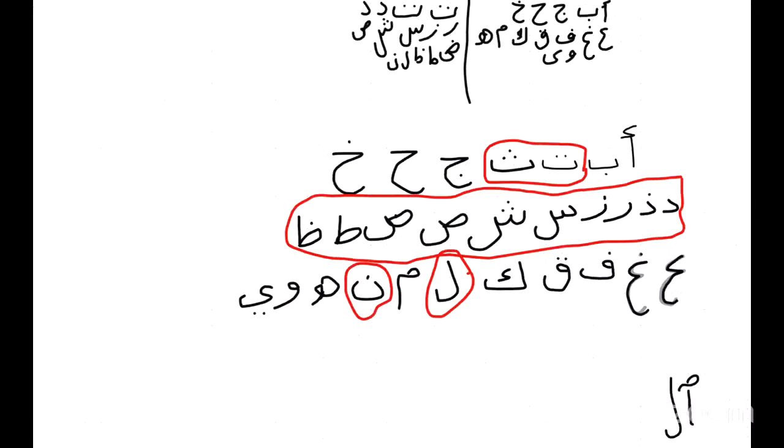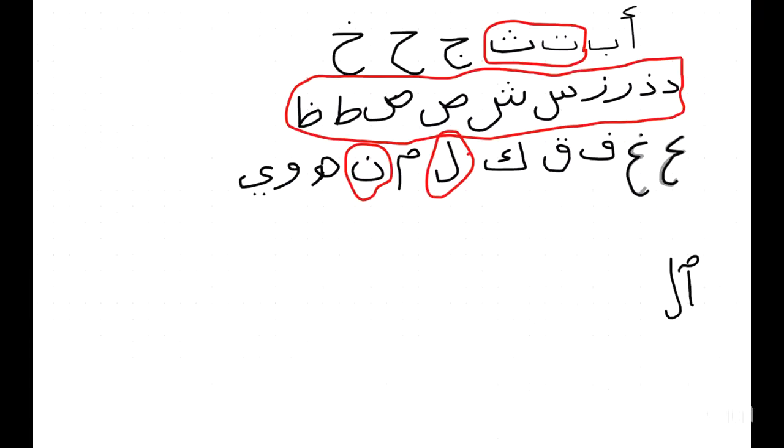When we have Hamzatul Wasl with Lam, when the lam has nothing, it is because it is followed by a sun letter. When the lam is followed by a sun letter, the lam gets nothing.